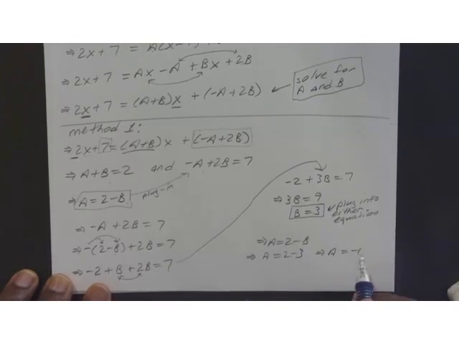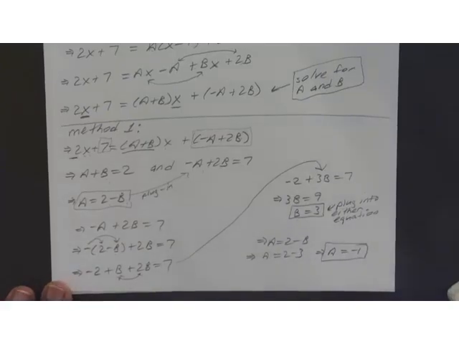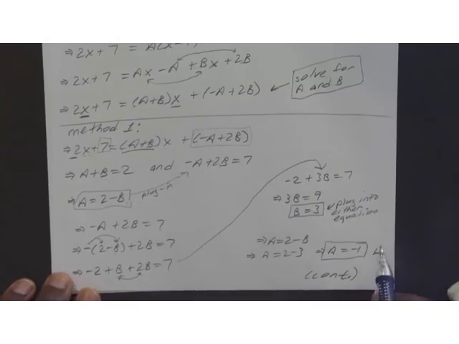That means that a is equal to negative 1. So that's method 1. And I'll put a little square showing that that's the end of it. Like I said, which method, completely up to you. But it is, I would say necessary, but it's very, very important to learn both because there are ways around it if you don't know it, but this makes it easier.